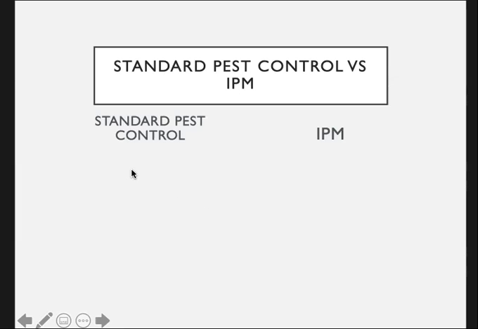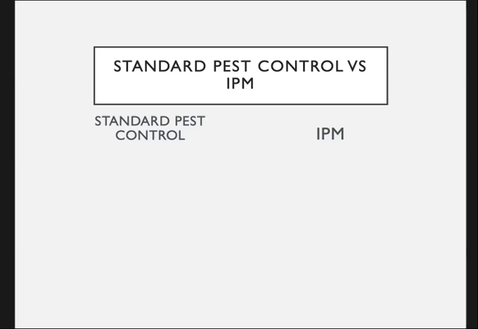If we wanted to do just a quick side-by-side comparison, comparing IPM to what I call just the standard pest control methods, this is like standard pest control pre-1960s, we can compare them in the general mindset that each of these programs have.